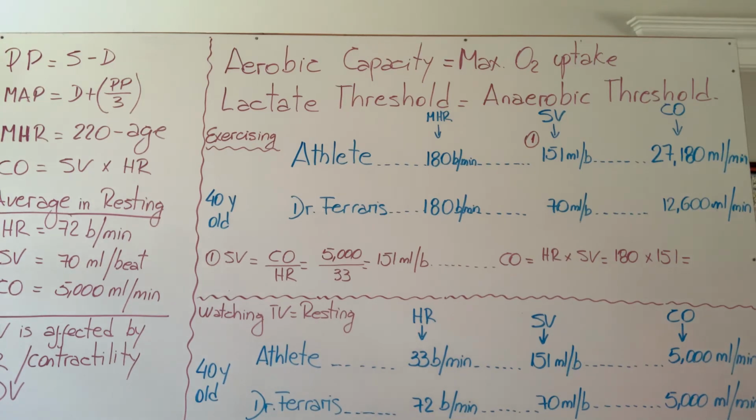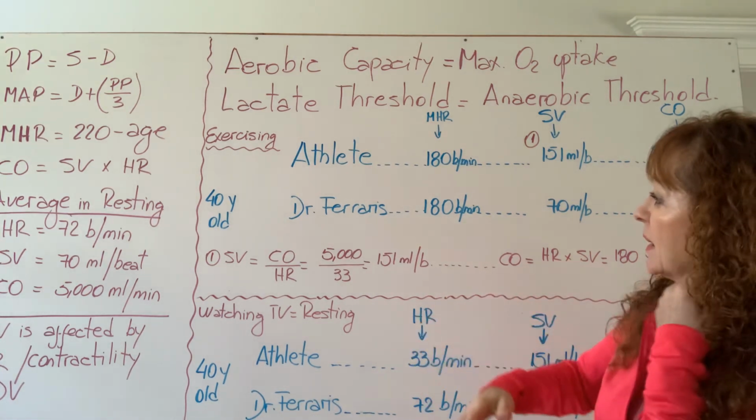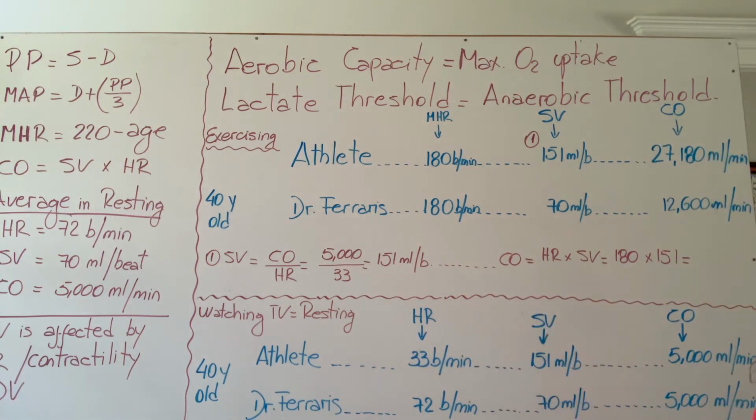Now, you will have different exercises and different scenarios where you have to calculate either the stroke volume, or the cardiac output, or the heart rate, or the maximum heart rate, or the mean arterial pressure, or the pulse pressure, any of those.